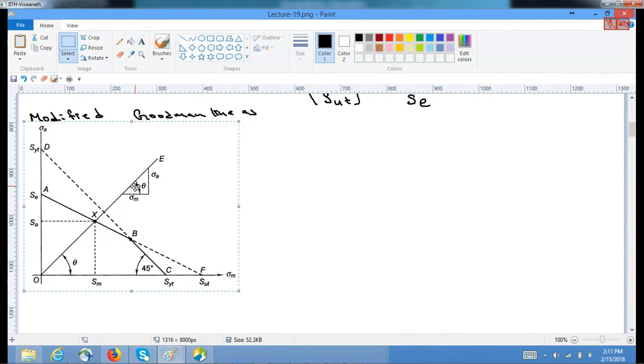So we need to make sure that when we are designing, up to AB we have one point, and for BC the yield line governs. Based on these things, we also solved a couple of examples in the previous class, and then if you have multi-axial or triaxial loading, we gave you the von Mises criteria.